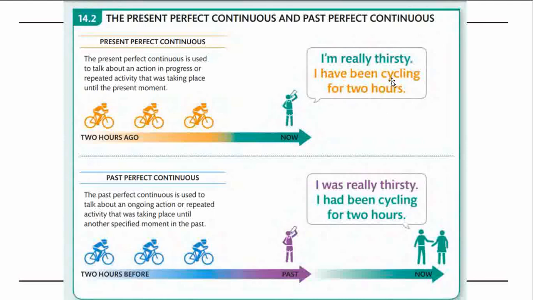Now we see the difference between the two. You will see that this was spoken soon after this 2 hours long activity got over. So it is mentioned in I am really thirsty. I have been cycling for 2 hours. And now time elapsed and a little longer time further down on the timeline.